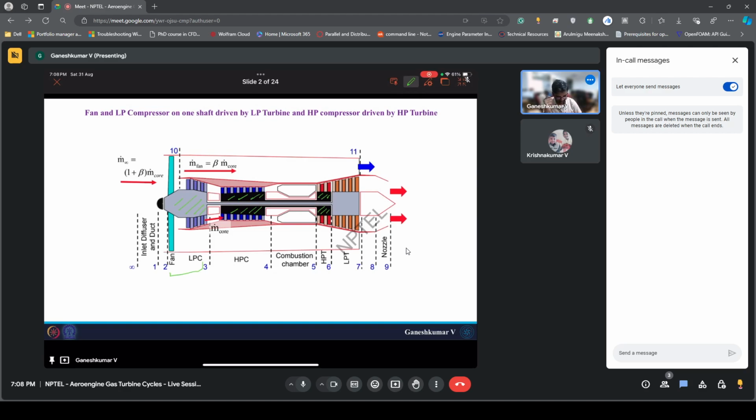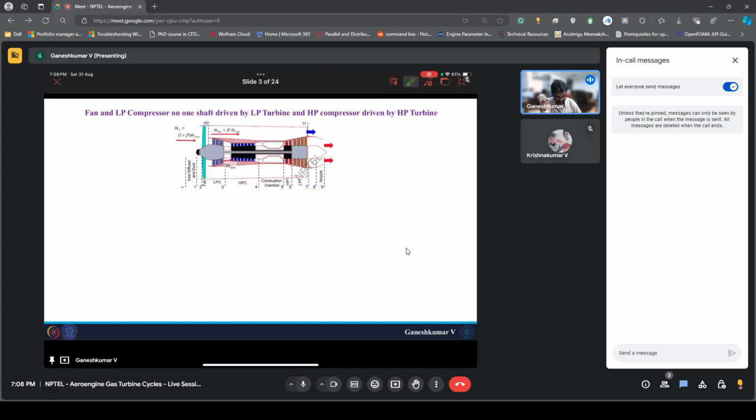So the first configuration is the fan and low pressure compressor driven by the low pressure turbine, and the high pressure compressor driven by the high pressure turbine. If I want to draw a TS diagram for this, you have the P infinity isobar over here, the blue line. Imagine it is flying at a certain Mach number, so at the inlet your air gets compressed to P02.